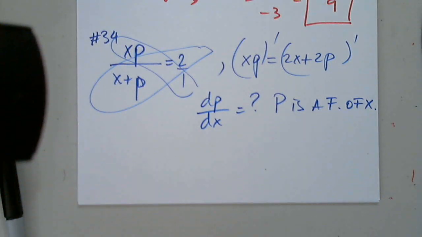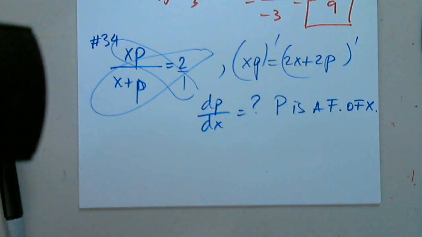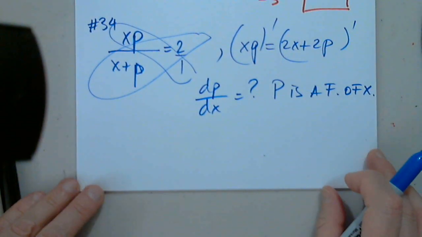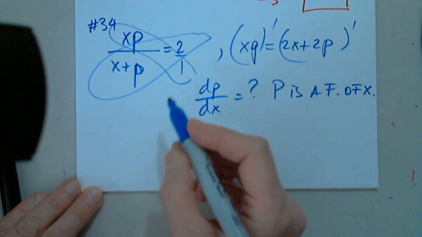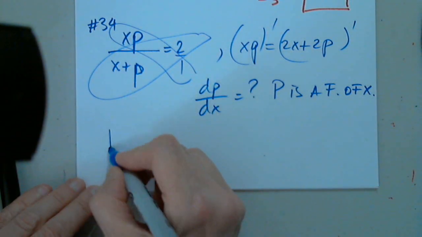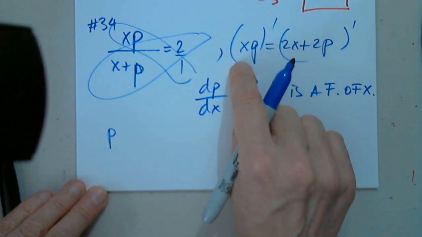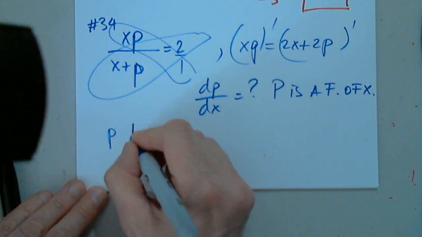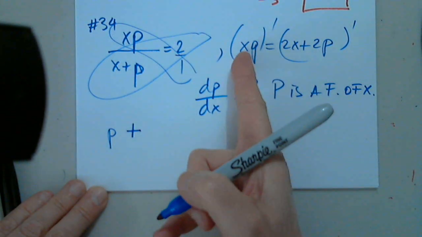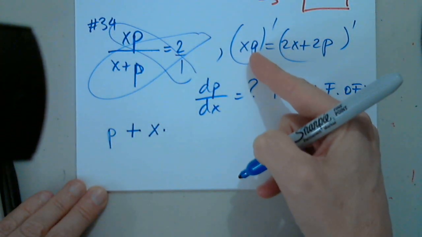Okay, let's start. Instead of x it's going to be 1, so dp over dx? Be careful, the product rule. The first function prime is 1 times the second function, plus the first function times the second prime.